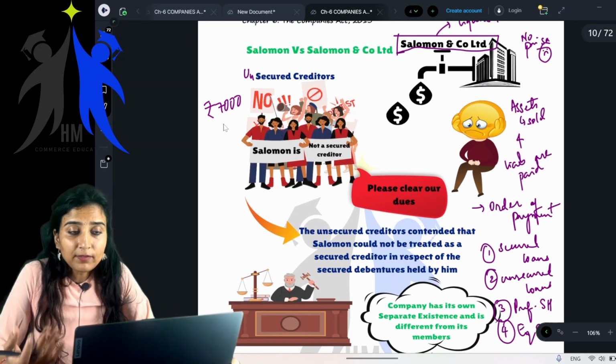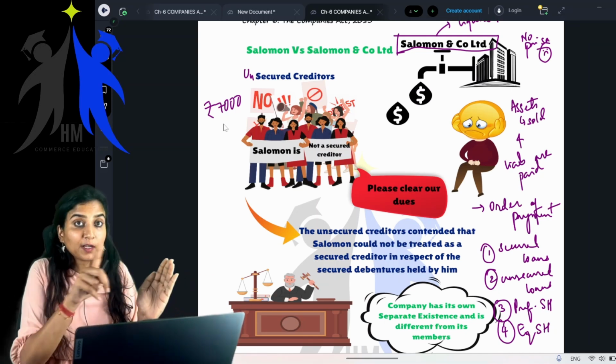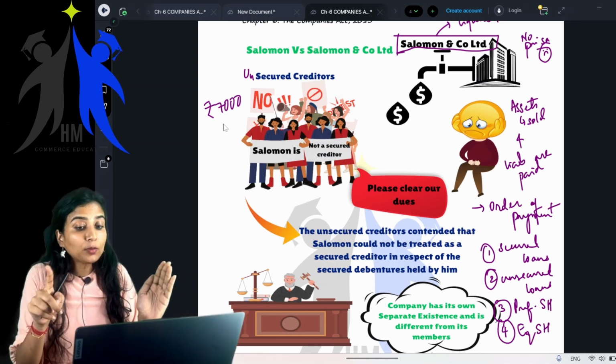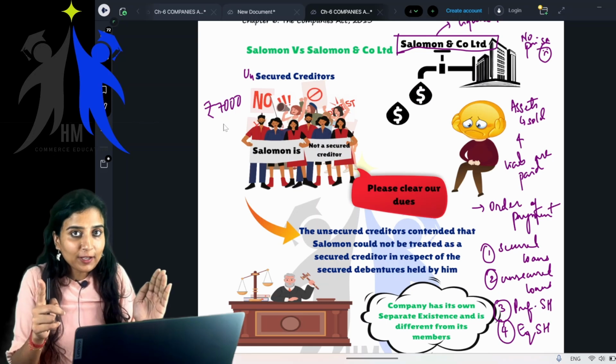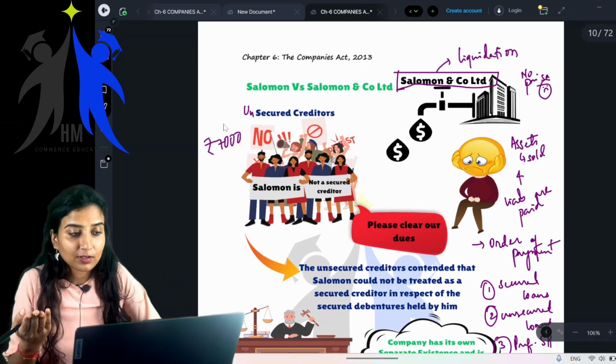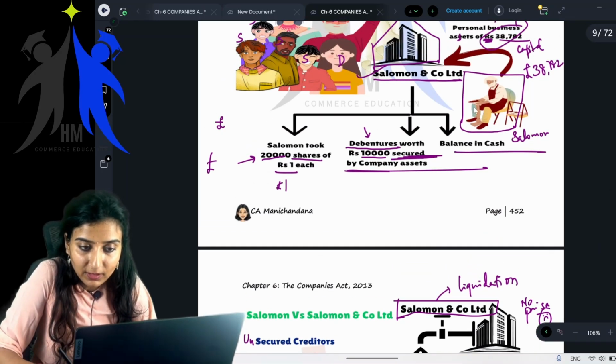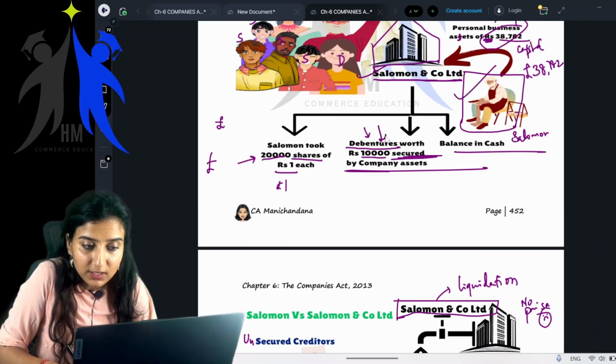Now, when the company goes into liquidation, obviously, when the assets are sold, it will first be paid to whom? First to secured debenture holders or secured loans. Who is secured now? This fellow, Mr. Salomon, is holding secured debentures.